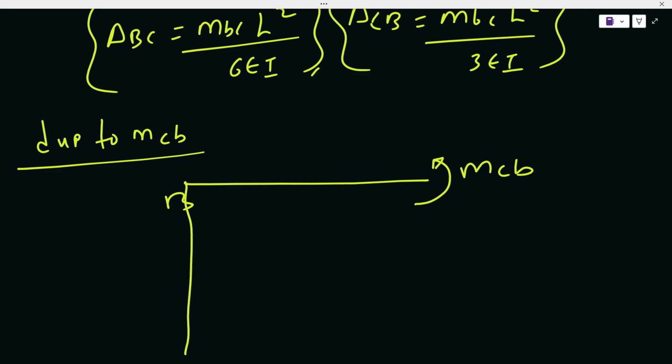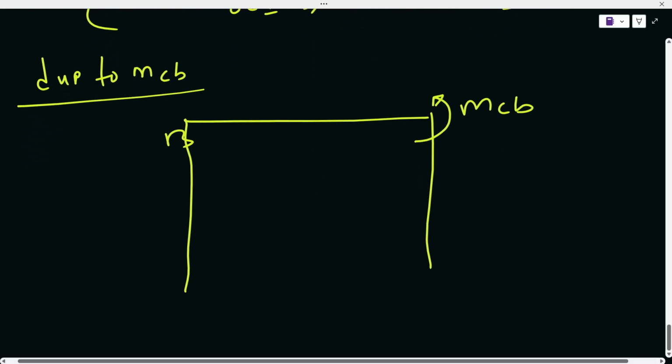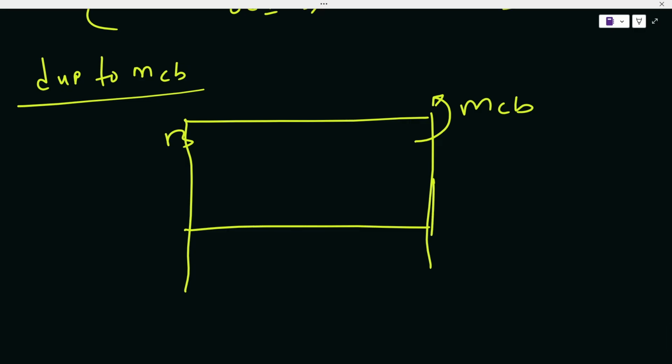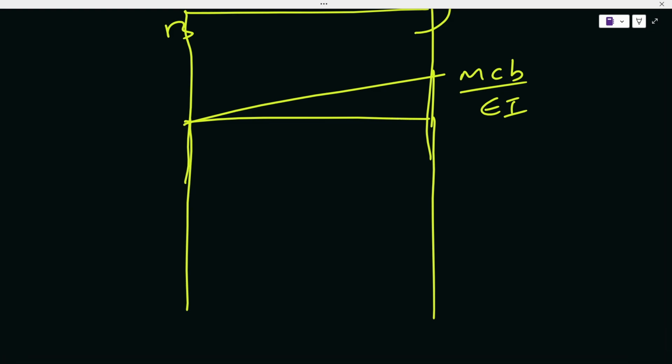Once again, we need the elastic curve, but we can't get the elastic curve without getting the bending moment diagram. Bending moment over flexural rigidity diagram, so MCB over EI, then the elastic curve diagram, which is what we need.